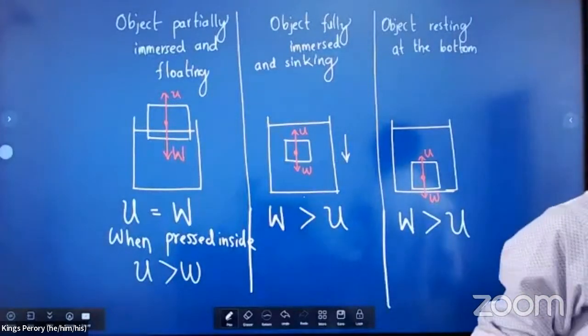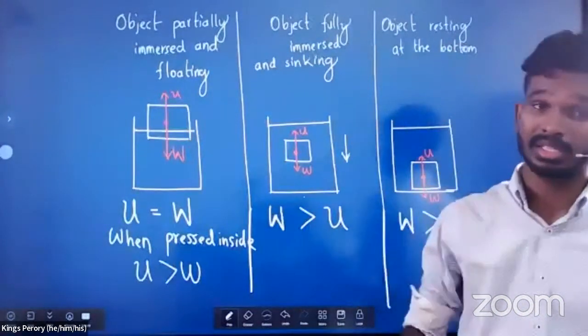Is upthrust used only in water concepts? No, not only water, it applies to fluid concepts.